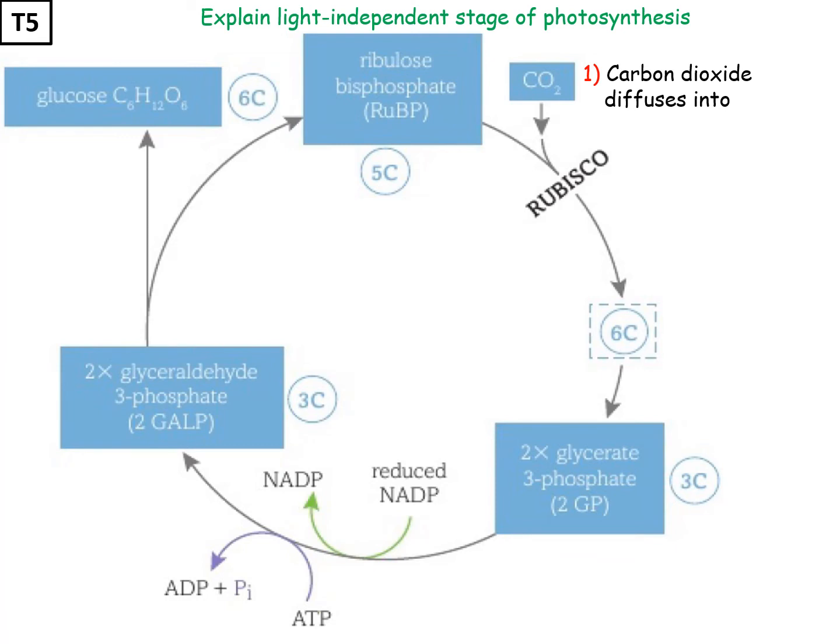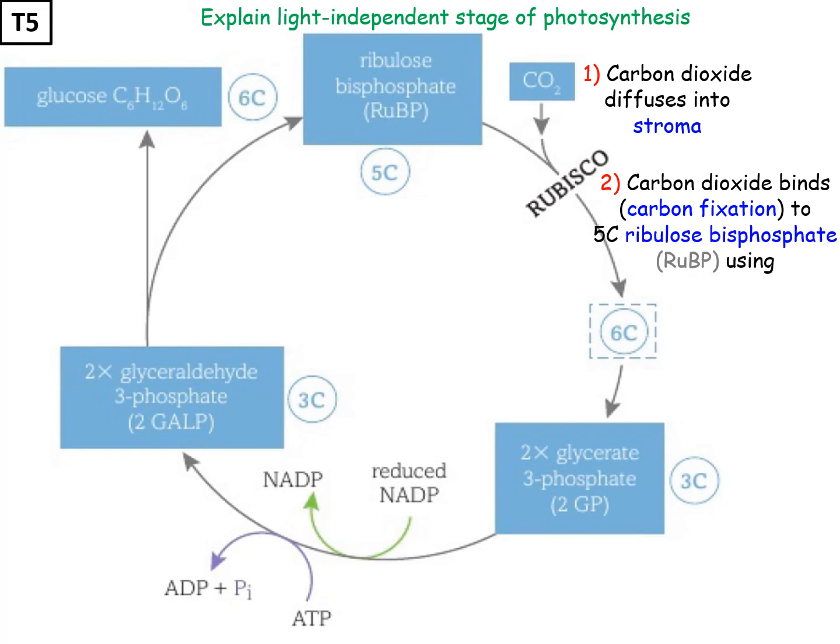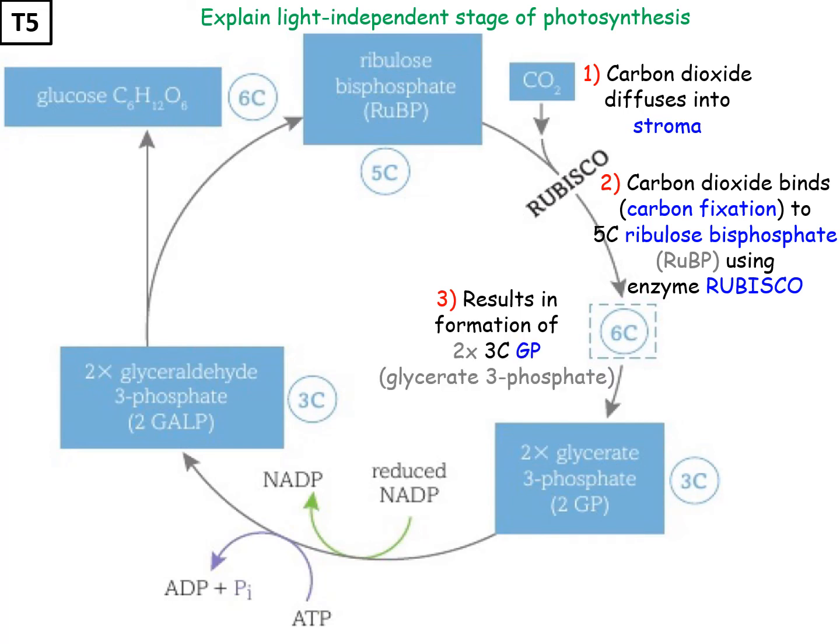To start off with, carbon dioxide diffuses into the stroma, and that carbon dioxide binds to a 5-carbon ribulose bisphosphate, or RuBP, using the enzyme Rubisco. And this means that carbon is fixed.